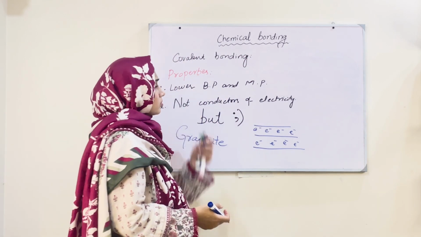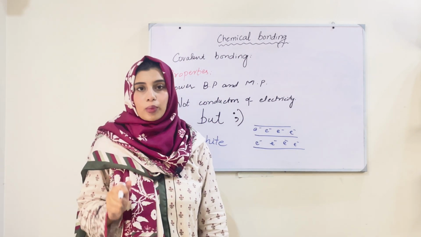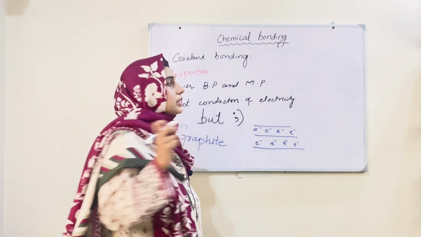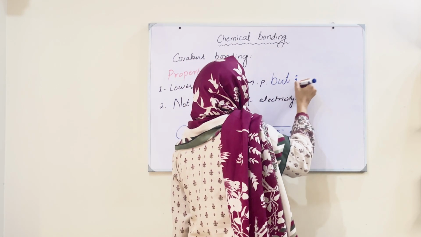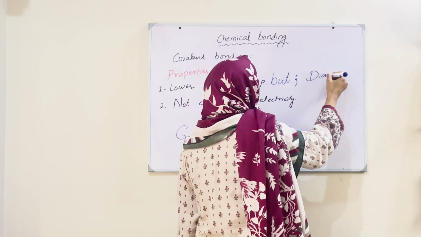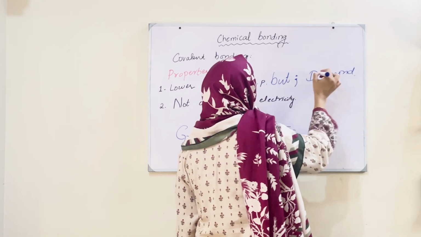Other covalent compounds have low melting and boiling point as compared to ionic compounds, but another exception is that diamond has the highest melting point and boiling point.